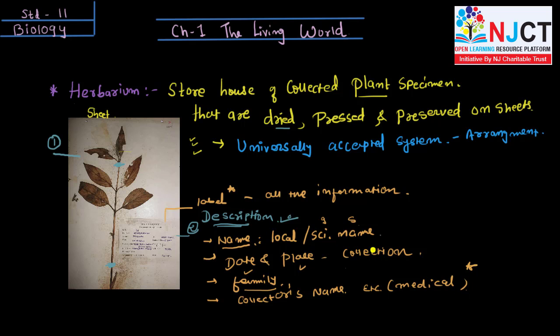So, see, these things are compulsory. The local name, scientific name, date, place, family name, and collector's name. Extra things you can add on that. For example, you can write that it is a medical plant, or this is a plant which you can use in food preservatives and all. So you can write whatever the use may be.